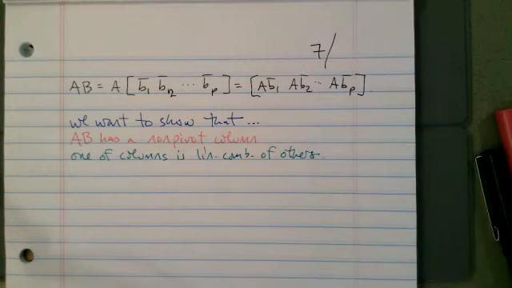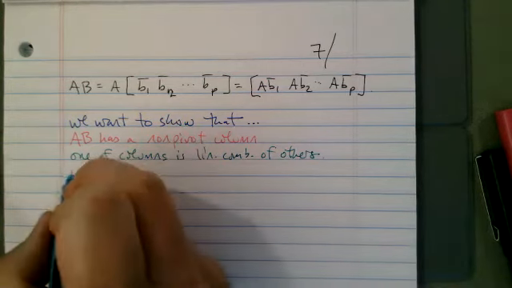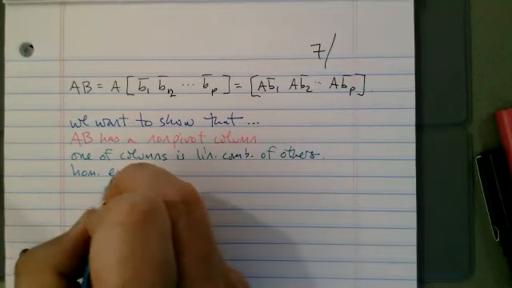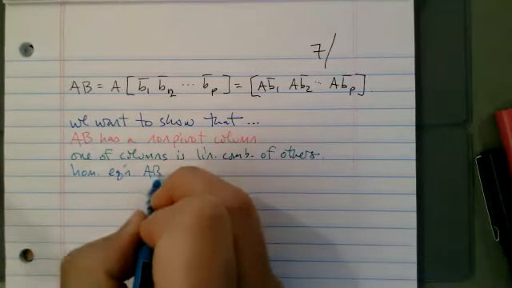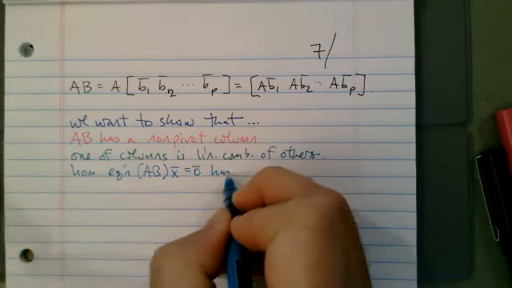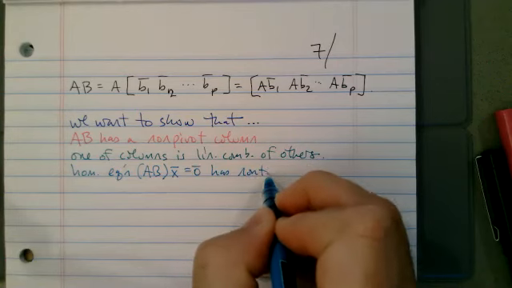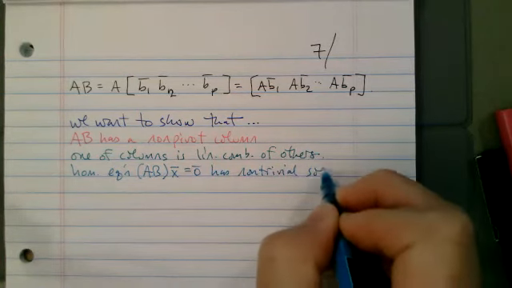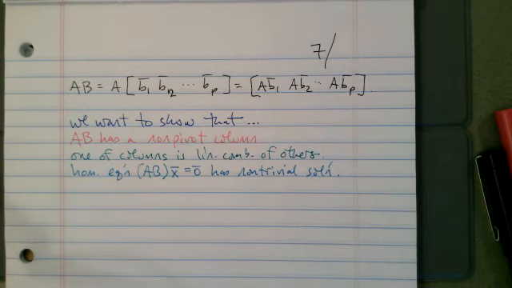And then the third thing, we'll want to show that the homogeneous equation AB times X equals 0 has a non-trivial solution. If we can start with the fact that the columns of B are linearly dependent and show one of these three things, then we'll be able to conclude that the columns of AB are also linearly dependent.